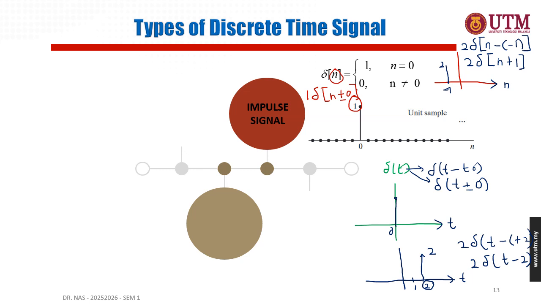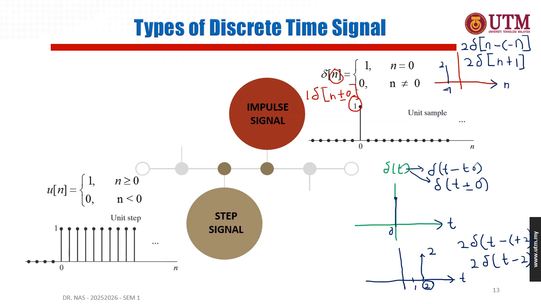Okay, next, the second one is in terms of step signal. Again, let's recap from the continuous time unit step function. If you have u(t), the signal looks like this: the amplitude is 1 from 0 onward in t, but less than 0, it is 0. This is the unit step in continuous time.